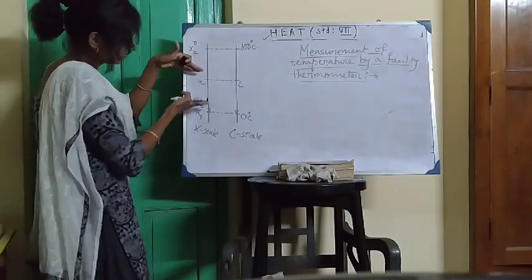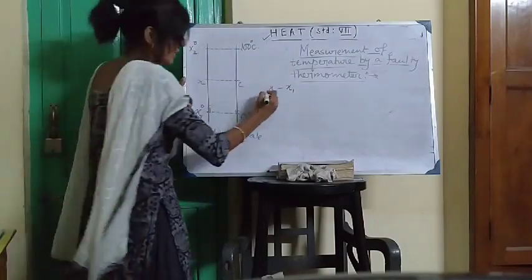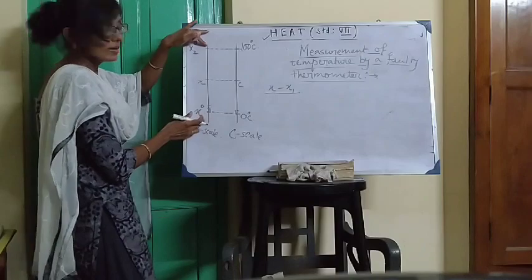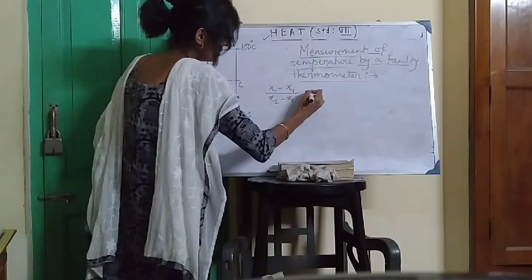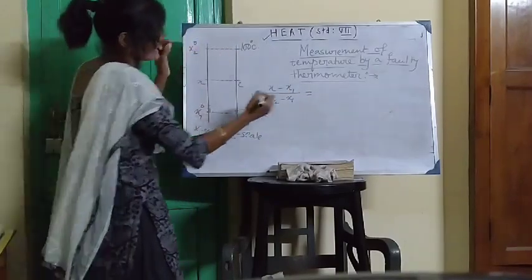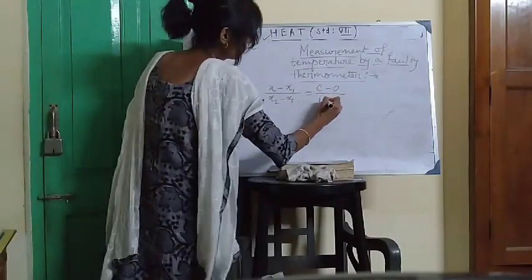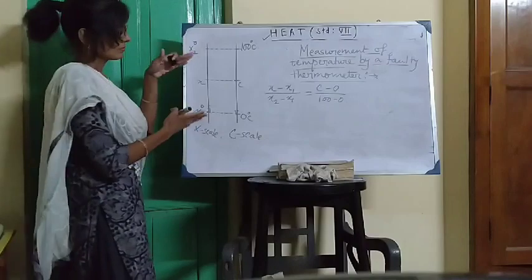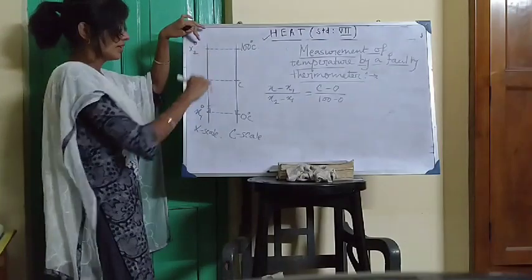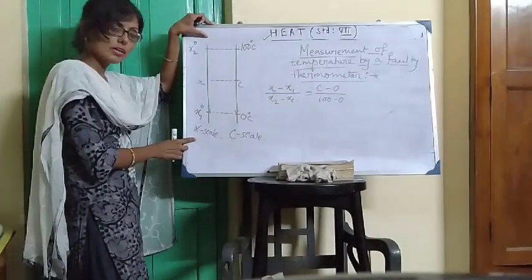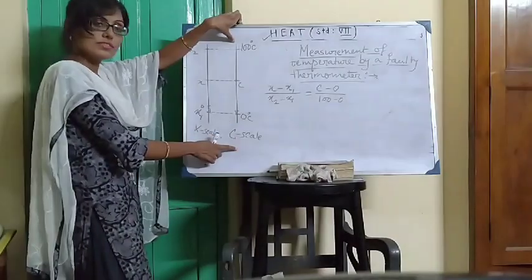Take the ratio: x minus x1 divided by x2 minus x1, the fundamental interval, is equal to, we can write, C minus 0 divided by 100 minus 0, from the diagram. x2 minus x1 is the fundamental interval of the faulty thermometer or unknown thermometer. 100 minus 0 is the fundamental interval of Celsius scale.